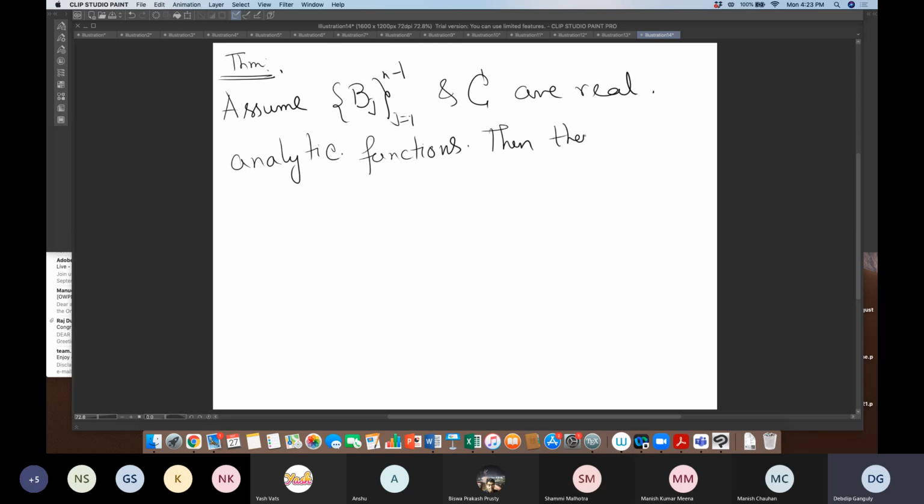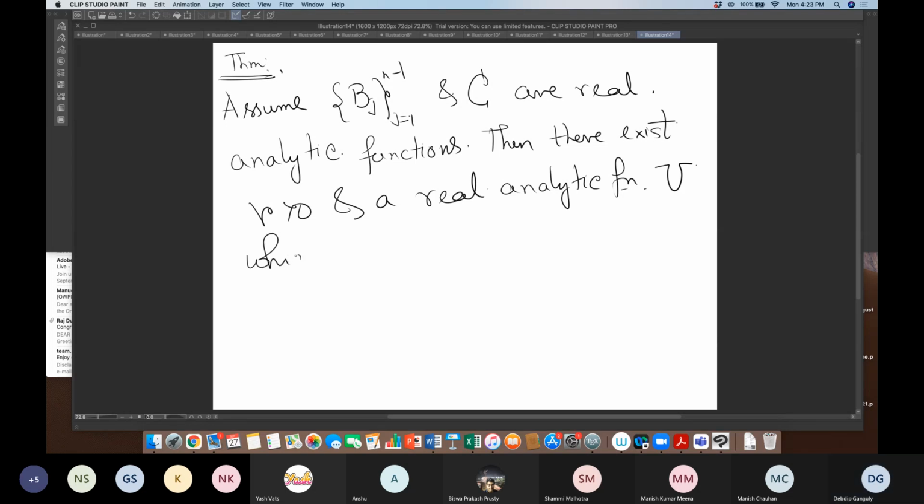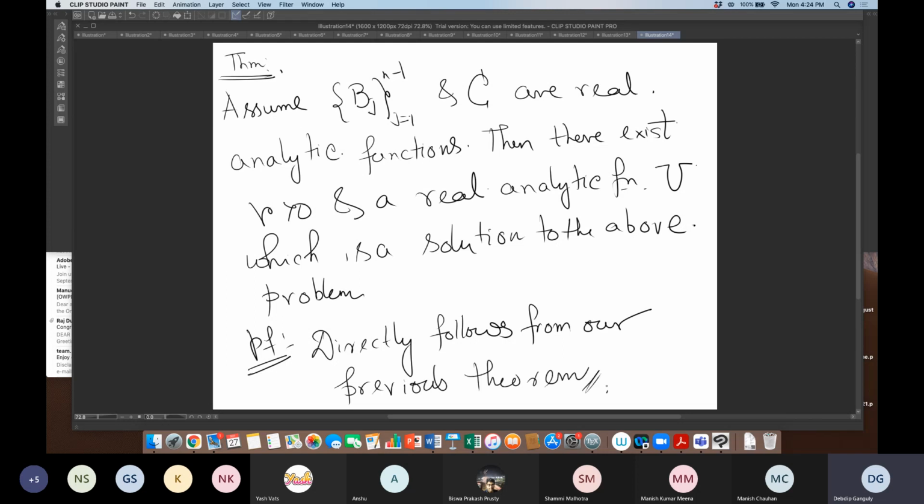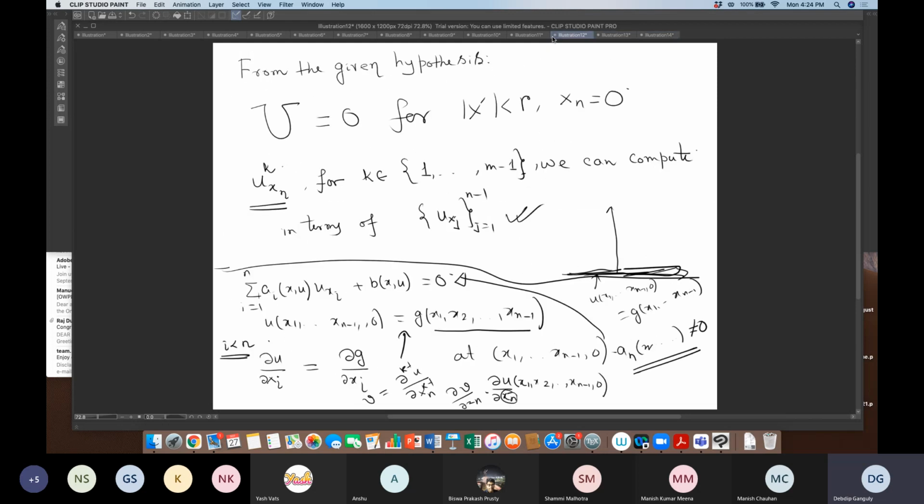Then there exist an r positive and a real analytic function u, which is a solution to the above problem. The proof directly follows from our previous theorem. Proof directly follows from our previous theorem, that this one.